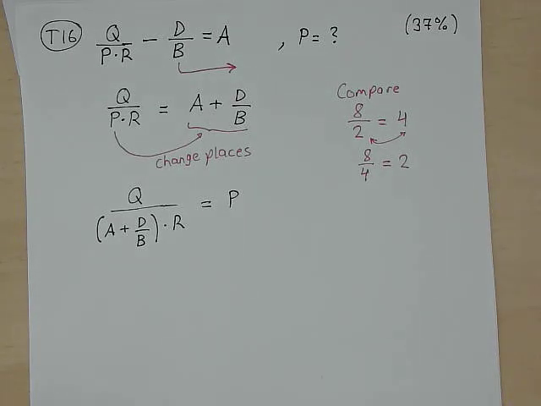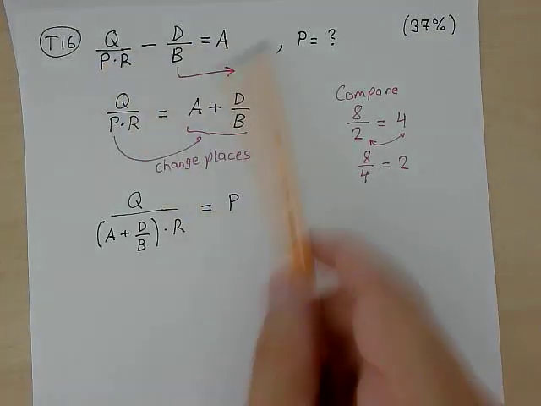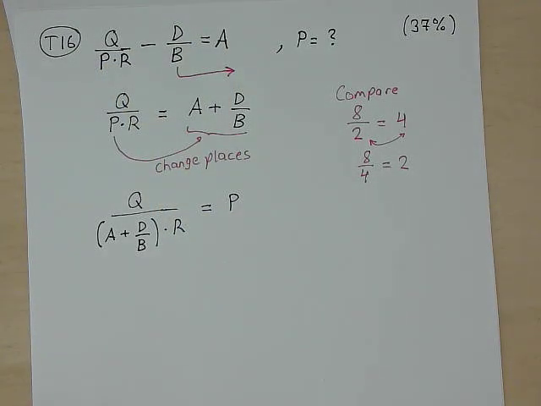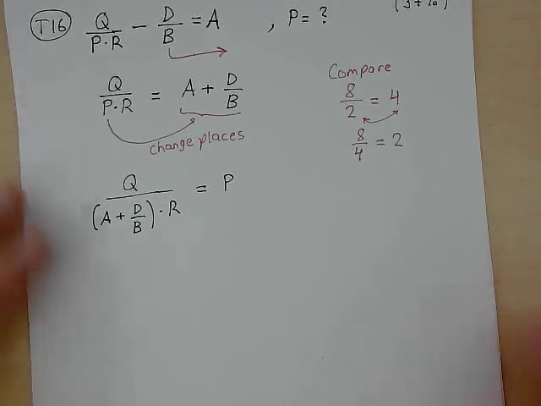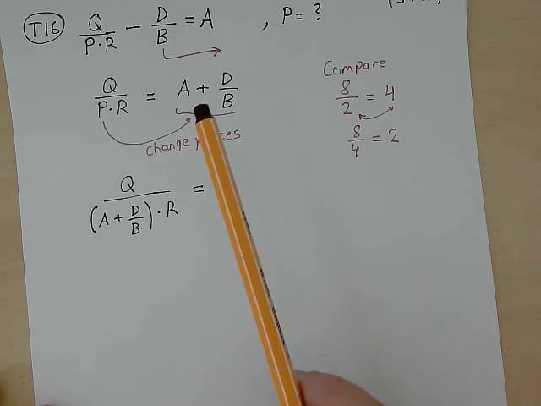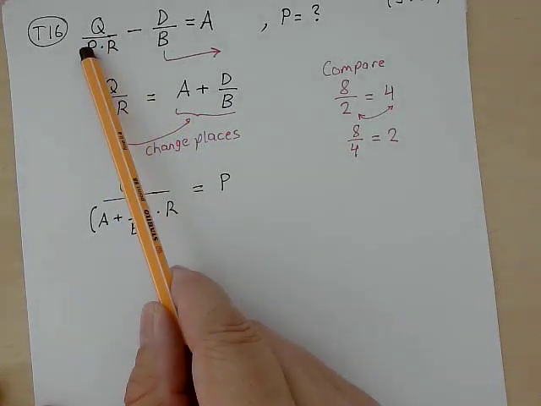Usually students hate these letter equations, but actually they are easier than number equations. I think the other method might be longer, but it is easier than this one. What would you do? You multiply the denominator PR and take it to the other side.